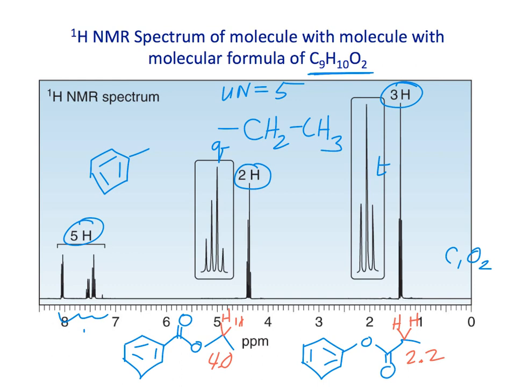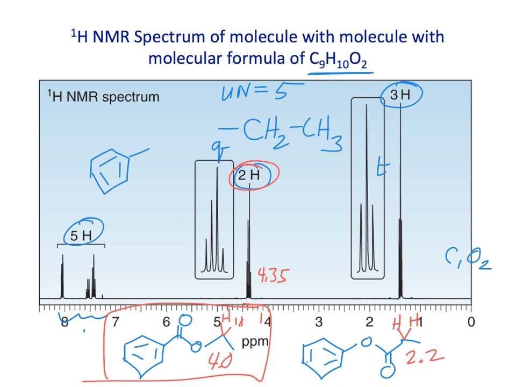Okay, so which of those two fits the data? The one on the left, right? Because we see this CH2 group at 4.35 or something, so we know by the chemical shift of that CH2 group it has to be next to oxygen. Okay? So if it was the other one, we would see exactly the same patterns, but the chemical shifts would be different.